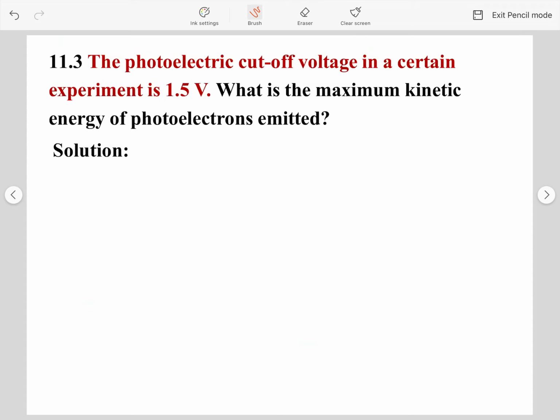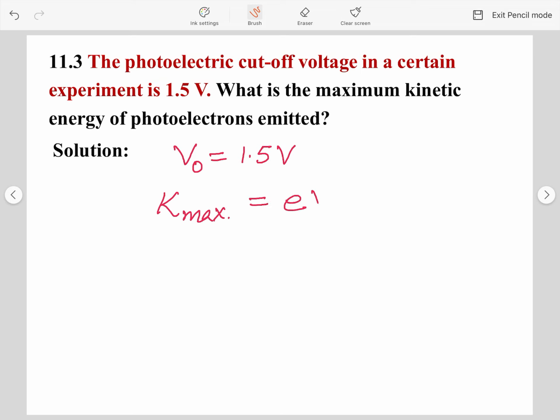Next question. The photoelectric cutoff voltage in a certain experiment is 1.5 volt. This is given. Cutoff voltage V naught is equal to 1.5 volt. What is the maximum kinetic energy of photoelectrons emitted? What we have to find is K max, maximum kinetic energy.